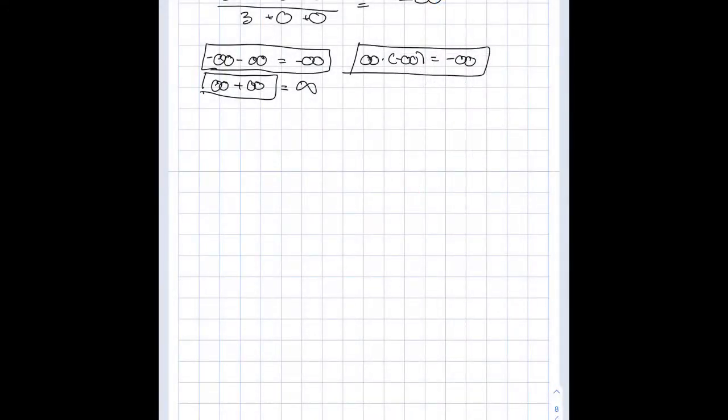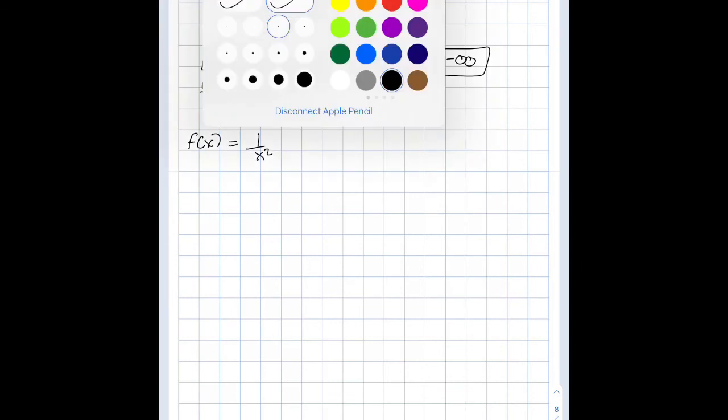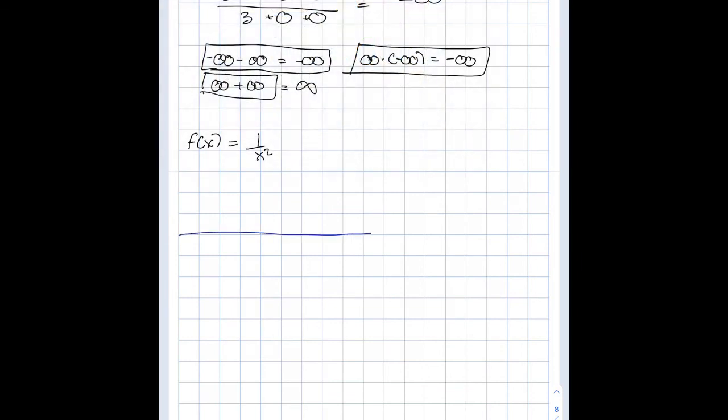Alrighty, so let's wrap this up. So remember we had limits that equal 0 as x approaches some number. So let's look at the graph of f of x equaling 1 over x squared.